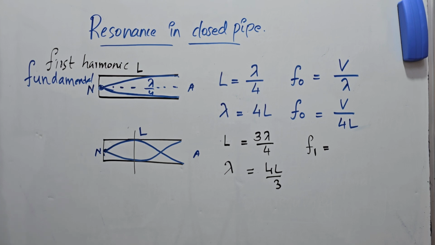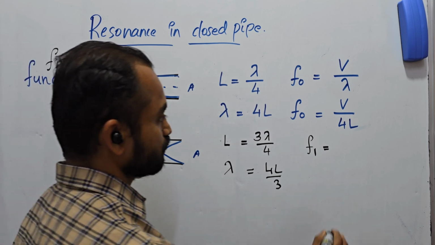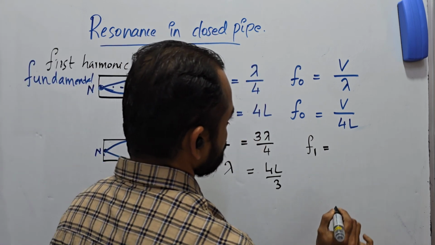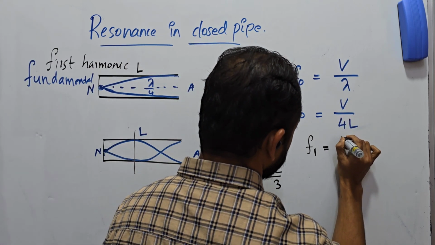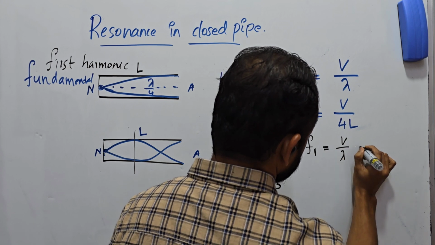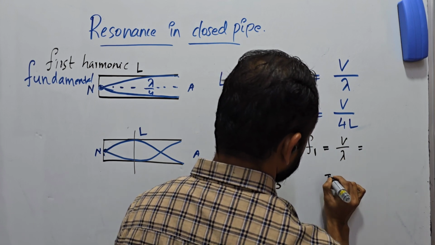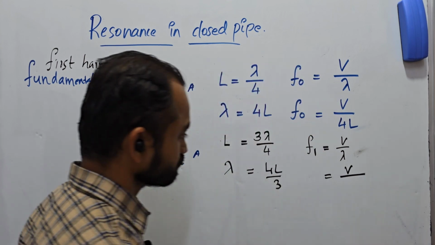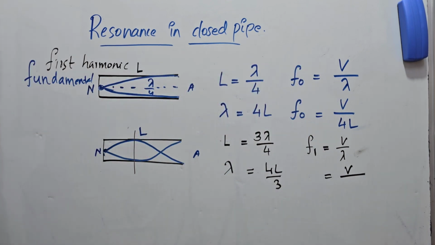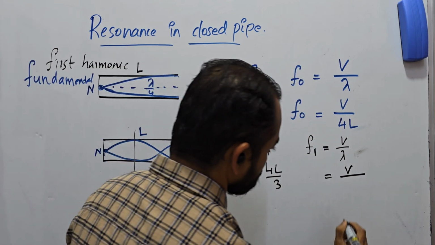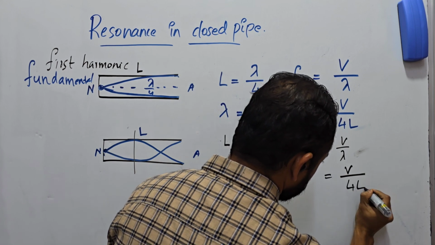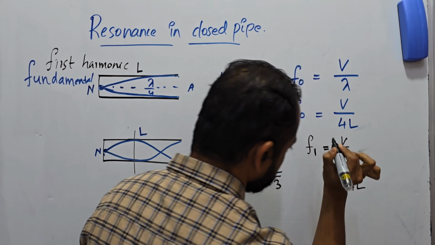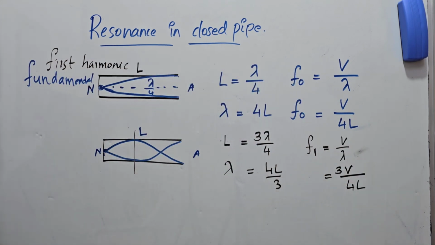The next, f1 is V by lambda. What is lambda here? 4L over 3, so I will write 3 here in the numerator. Okay. Any problem?